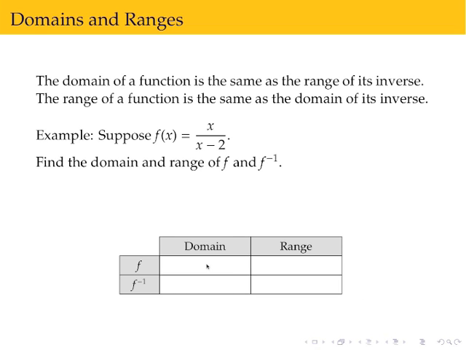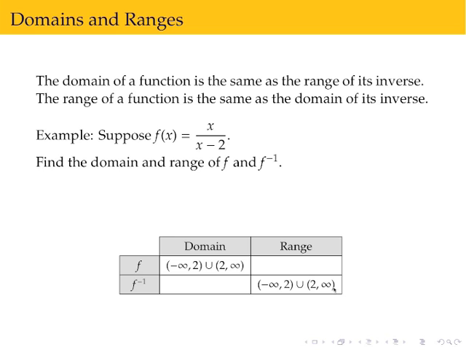So the domain is everything that's not 2, which, in interval notation, is negative infinity to 2 union 2 to infinity. And the domain of a function is the same as the range of the inverse function. So those two are the same.